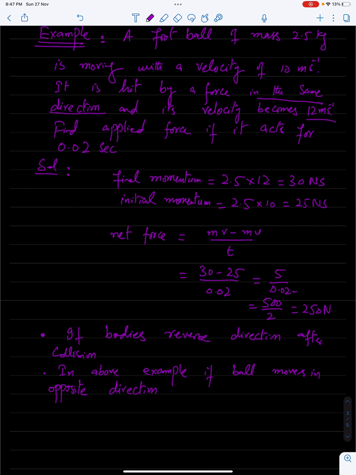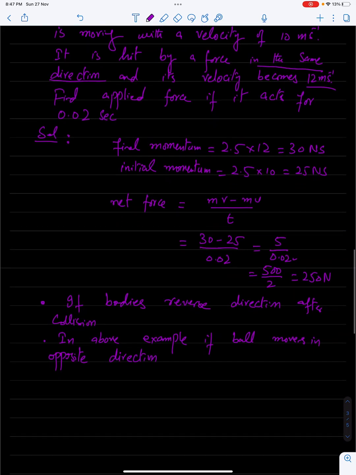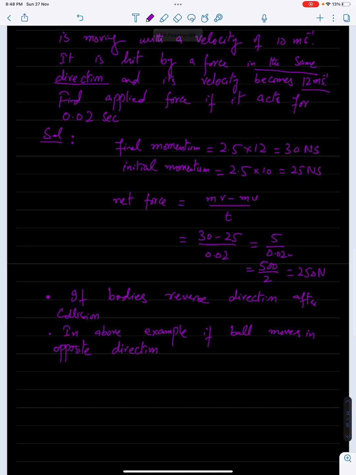If the ball moves in the opposite direction, what then? As we know that velocity is also a vector quantity, in this relationship, if we take one velocity as positive, the other one will be taken as negative. So let's take u as negative and v as positive. We can take v as negative and u as positive as well. Even if the answer comes in a negative value, it doesn't matter, because we have to focus on its magnitude only, not the negative sign.